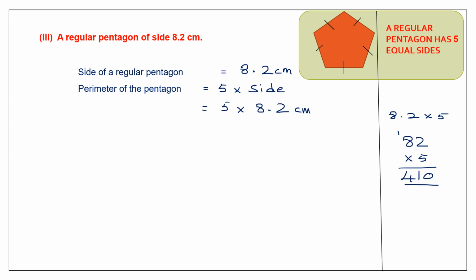So 410. Now let's go back to the question. Now, as you can see, there is one decimal place. So our answer also should have one decimal place. So that makes it 41.0, so that is 41 centimeters. So the perimeter of this regular pentagon is 41 centimeters.